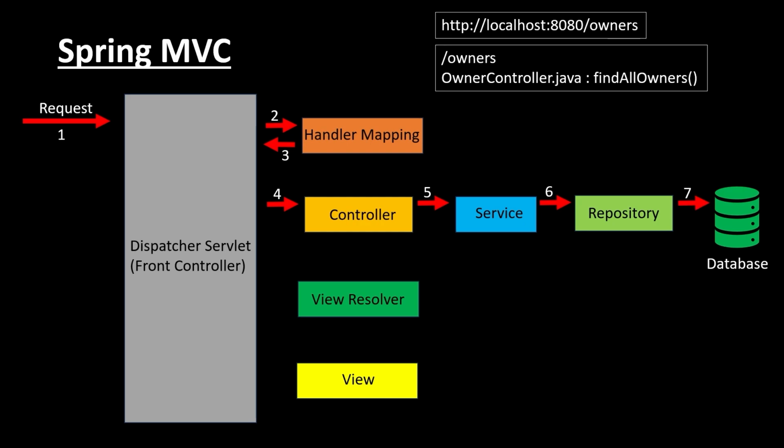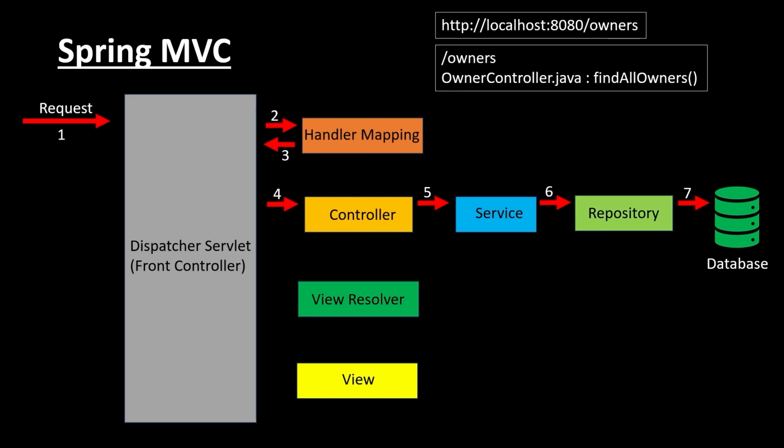Now this database can be MySQL, it can be PostgreSQL, it doesn't matter. Same way this repository you can implement with the help of Spring Data JPA, you can implement with Spring ORM also. Again, that is not a point of discussion, but a good application should be implementing it with the help of Spring Data JPA only, and for this you should be watching my previous playlist.